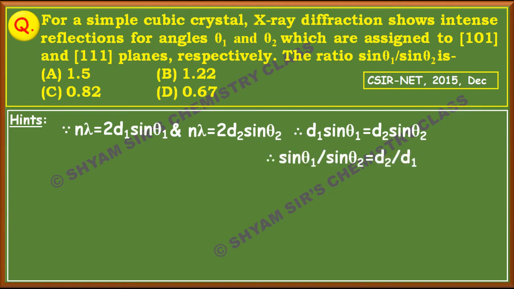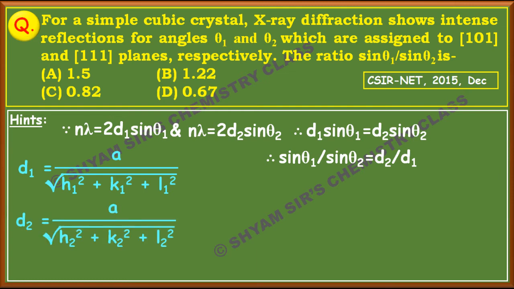Now you have to calculate the d2 and d1 values. So how to calculate d1 and d2? d1 will be equal to a by root over of h1 square plus k1 square plus l1 square, and similarly d2 will be equal to a by root over of h2 square plus k2 square plus l2 square. Here a will be the same because the crystal is the same, that is a simple cubic crystal, and for the same crystal two diffraction angles are given.